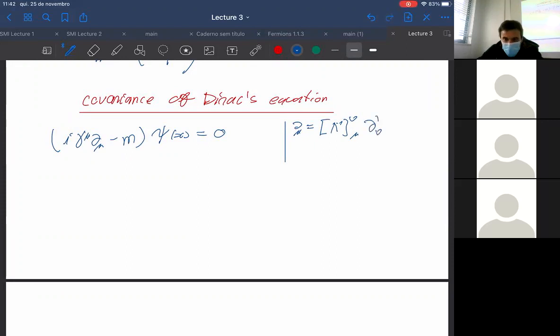And also we make this transformation, and I will put indices here explicitly for a moment, as alpha and beta. This is a transformation on the fields, on the spinors. Psi beta equal to psi prime alpha.